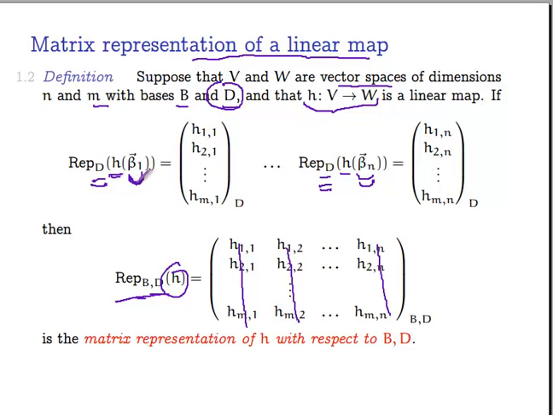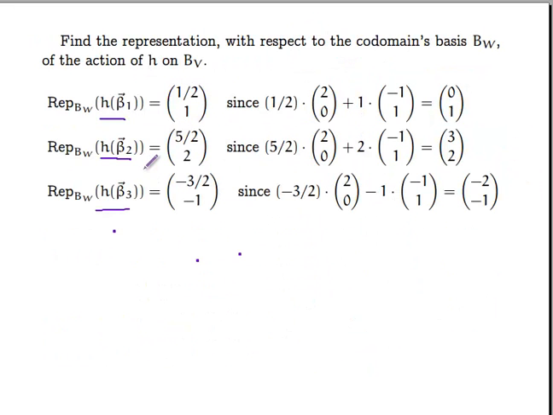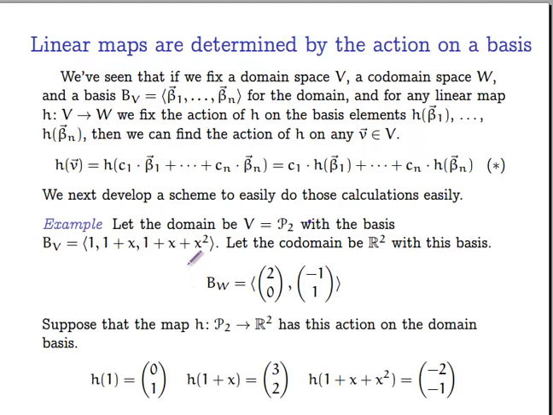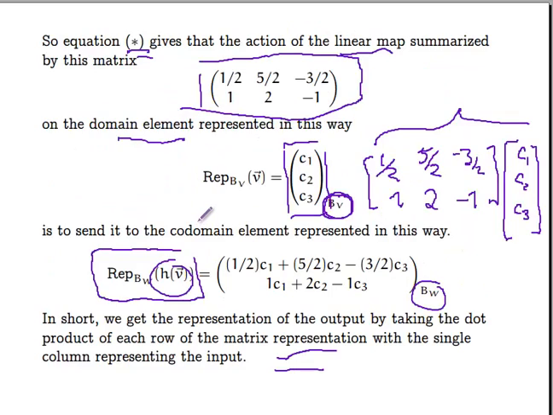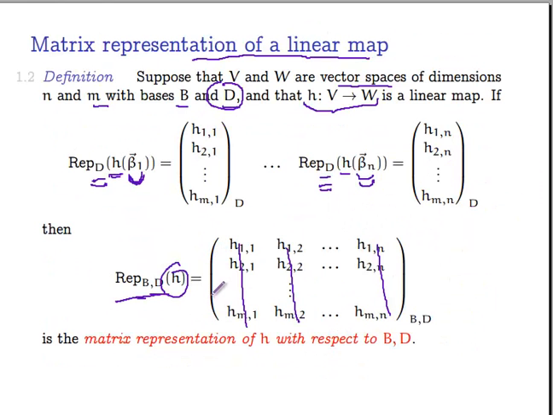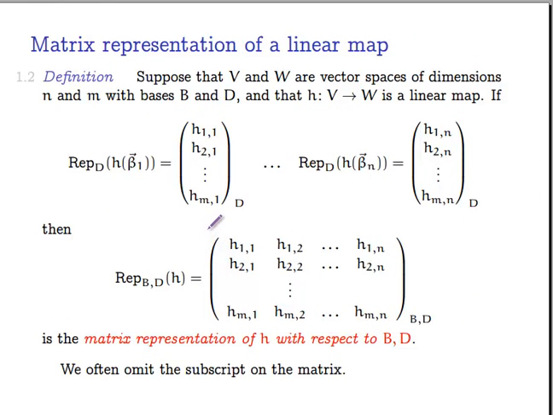Okay, so to understand this, go back to this example, and you'll see that we're doing exactly the same thing we did up here with this simple 2 by 3 example. Here it says we often omit the subscript on the matrix because when we're talking about these matrices, usually the two bases are understood. So he means usually you don't include this.